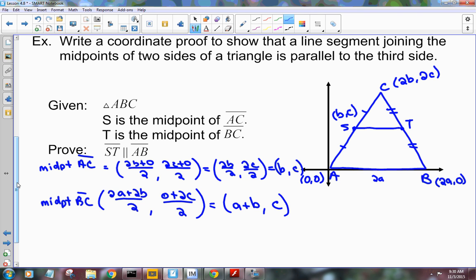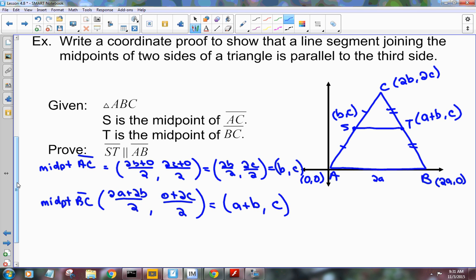So these coordinates are a plus b, c. How did I get that? I divided 2 into both of those, which gives me a plus b. And then here, 0 plus 2c is 2c, divided by 2 is c. I just skipped a step. Did I lose you when I skipped a step? I'm sorry. Everybody with me on how I got the midpoint?